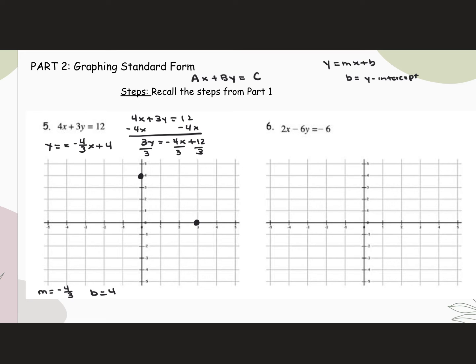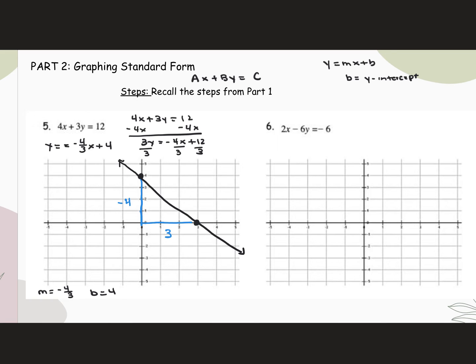I'll change the color to show exactly what I did. So I went down 4, and then to the right 3. Anytime you have a negative slope, one of them has to take that negative sign so that your line can decrease. And then I just simply connect my points, because there's no more room on the graph for me to go.